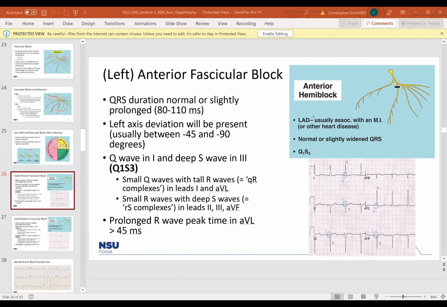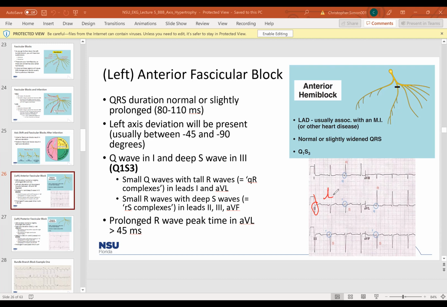So in the event that you have a left axis deviation, or in the event that you have a right bundle branch block, you need to come over here and look at lead 2. If lead 2 is primarily positive, then all is good.